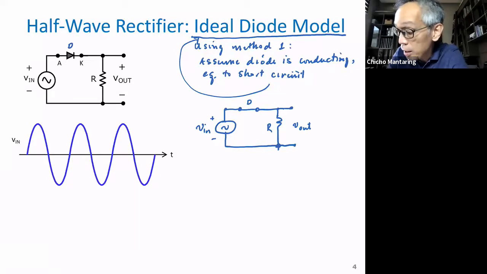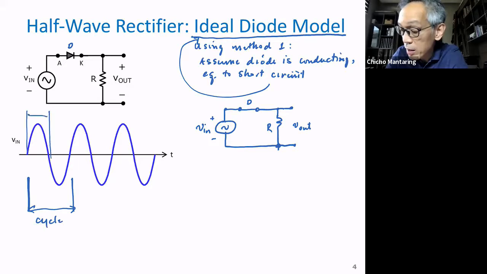This is what you call a cycle. Okay, and these are your half cycles. Okay. So we're going to analyze the circuit taking into consideration the positive half cycles, so these half cycles, and the negative half cycles.